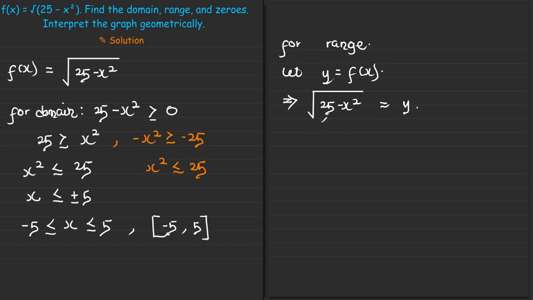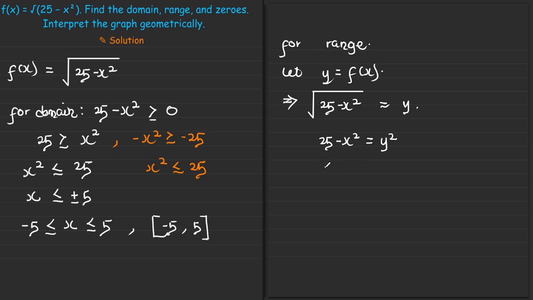Then we need to make x the subject. If we square both sides, squaring takes out our square root, so that we have 25 minus x squared being equal to y squared.